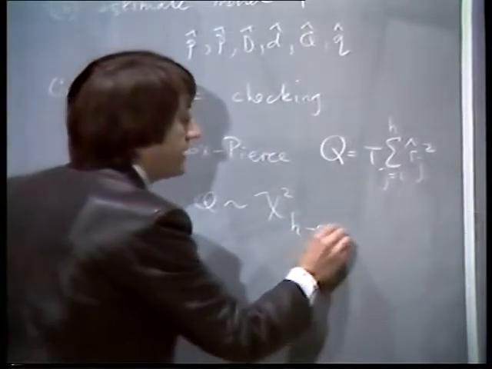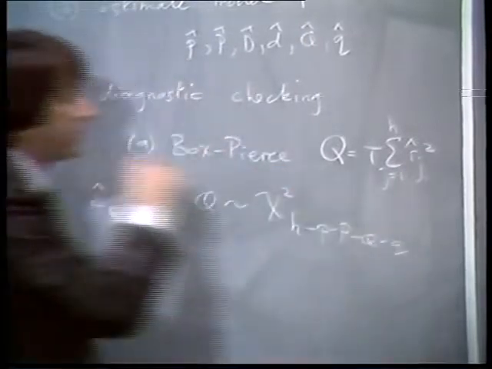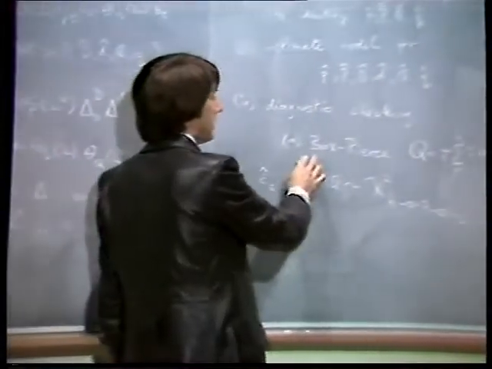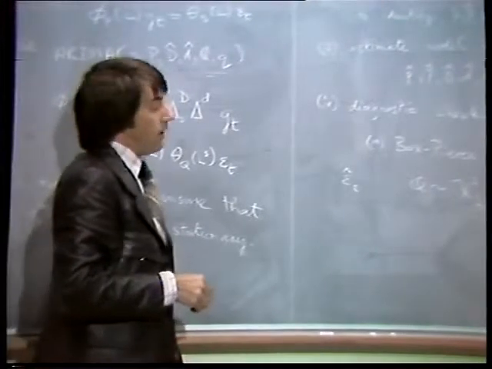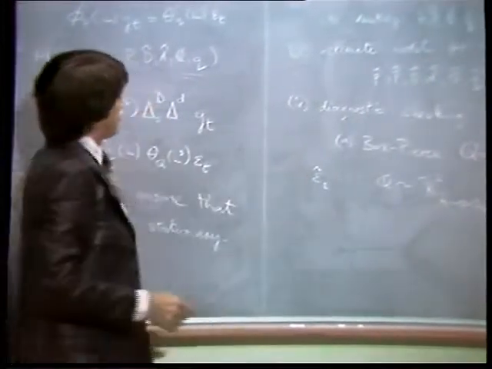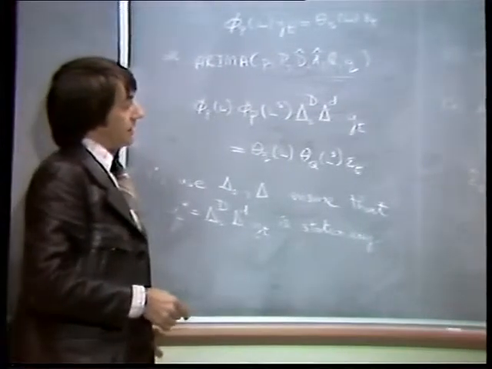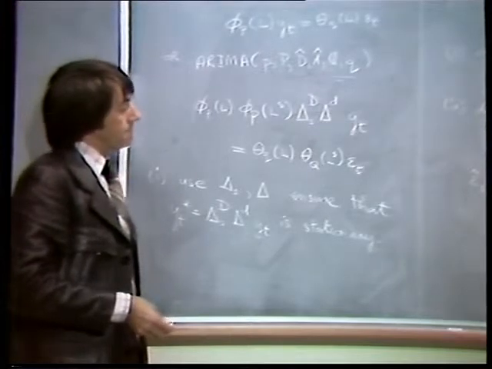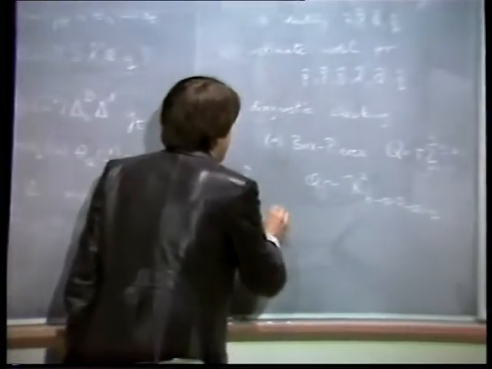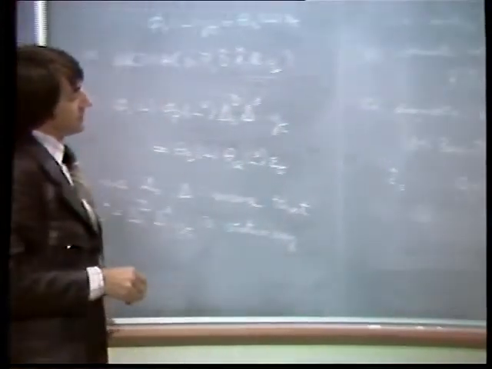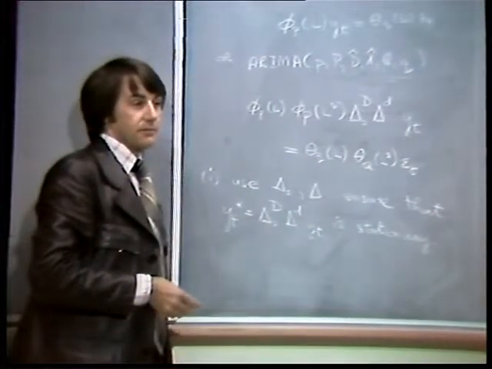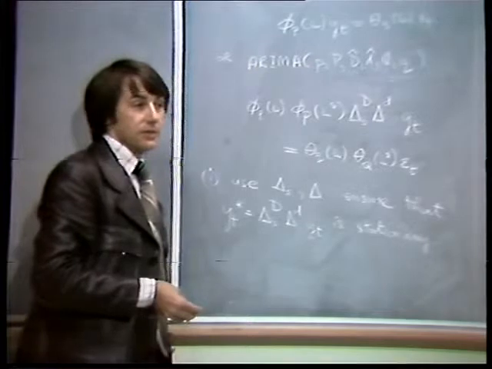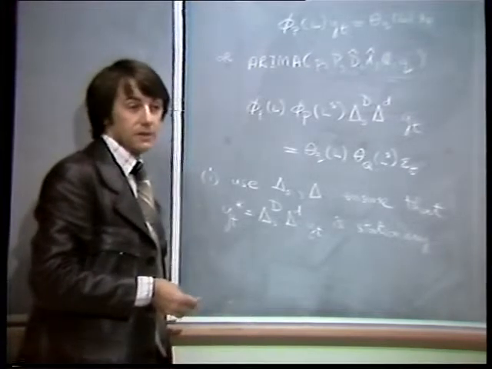So that's minus the p, P, q, Q. And that's just used as a portmanteau test statistic of the hypothesis that, in fact, the residuals epsilon in the model that we've estimated are estimates for a white noise error process. Notice that for that particular test, there's no specific alternative. We're specifying what the null is, that the errors epsilon are white noise, but the alternative is any form of serial correlation.